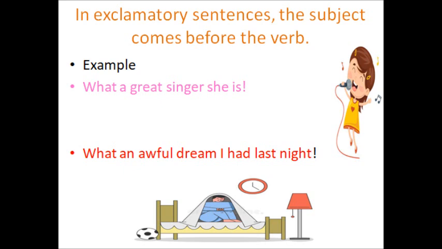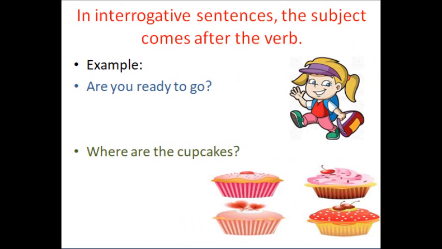For example, what a great singer she is. So the subject is she. Next example, what an awful dream I had last night. So the subject is I. But in some sentences, the subject does not come before the verb.